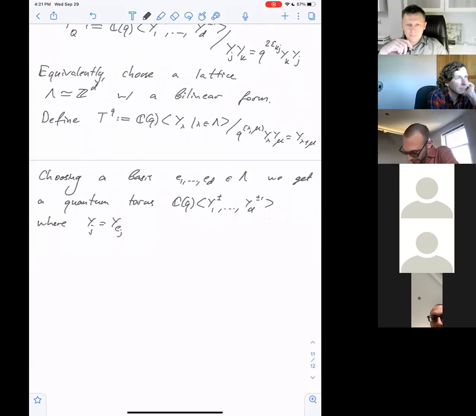And this epsilon_jk is by definition the value of our bilinear form on the two elements e_j and e_k.